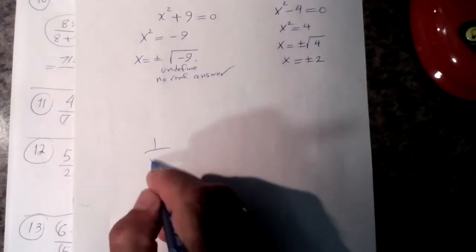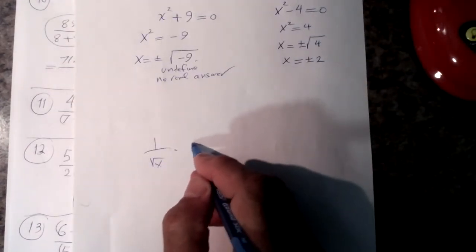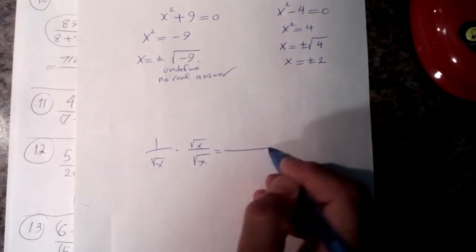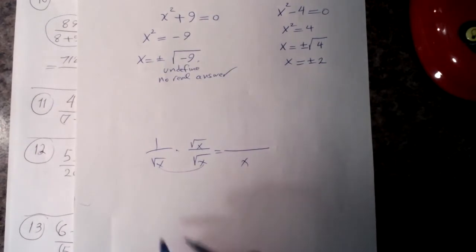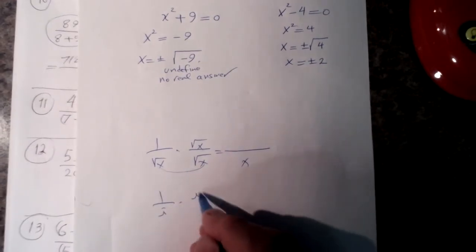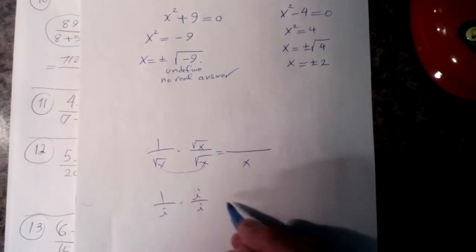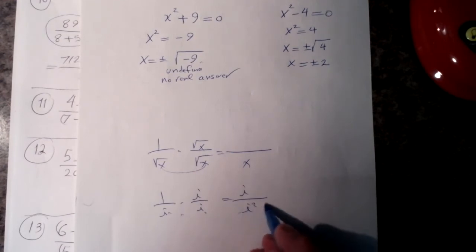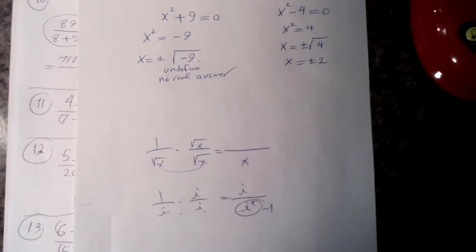So remember, when you had 1 over radical x, we just multiplied by radical x over radical x to make it x here. Same thing here. If you have 1 over i, you multiply by i over i. Because at the top you have i, at the bottom you have i squared, which is negative 1.